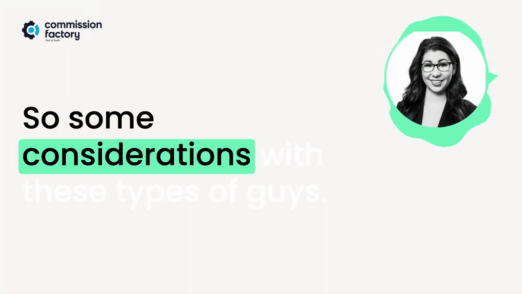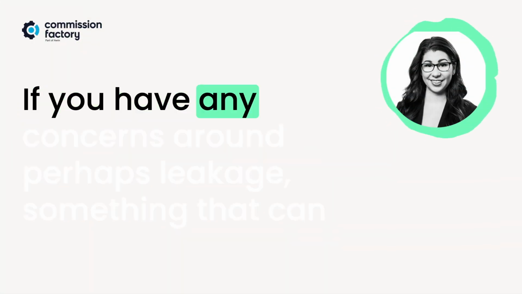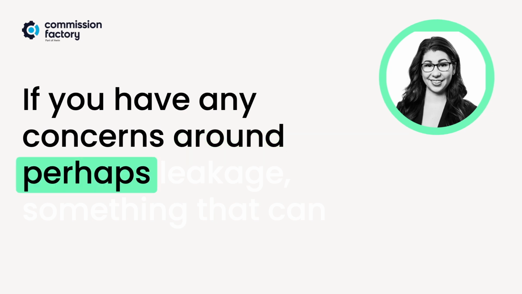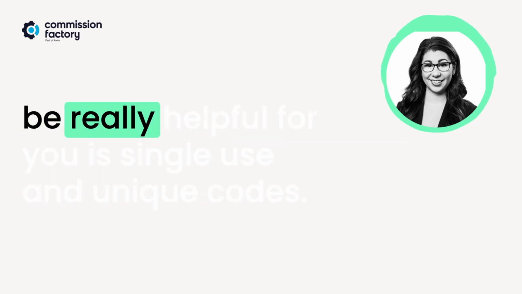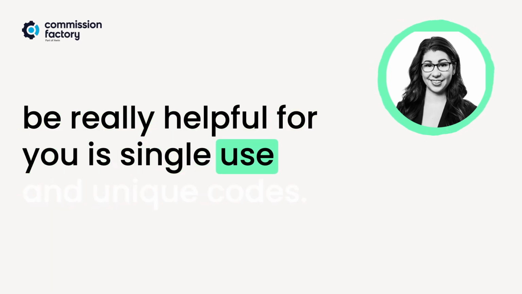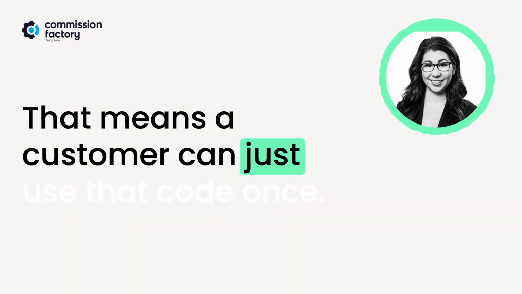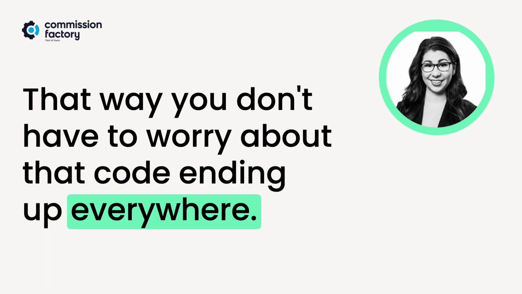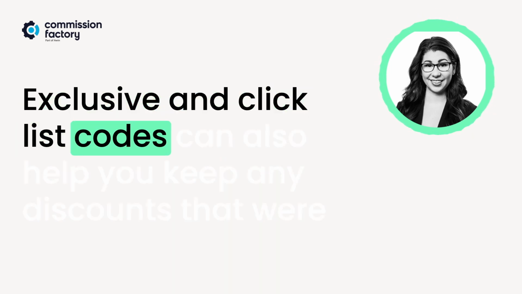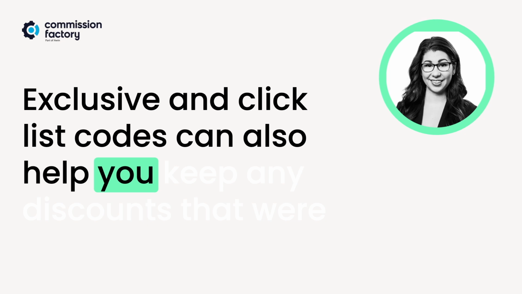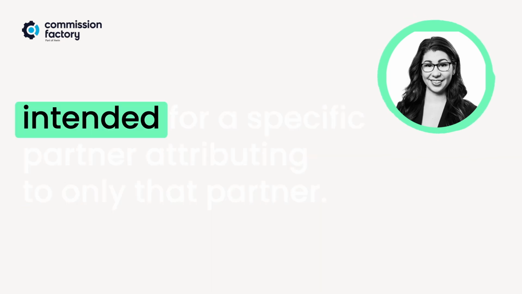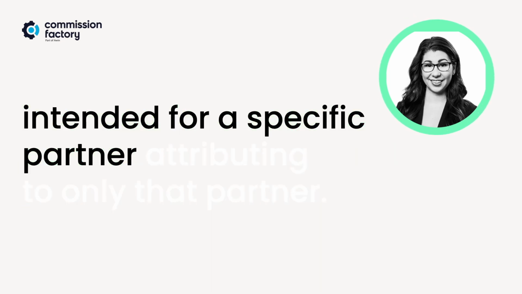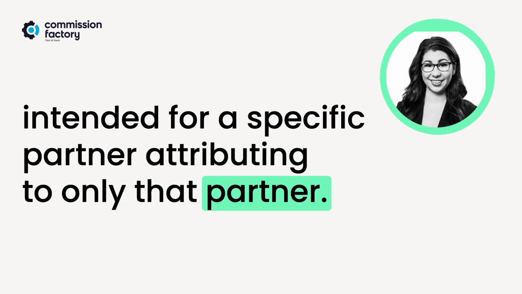So some considerations with these types of partners. If you have any concerns around perhaps leakage, something that can be really helpful for you is single use and unique codes. It means a customer can just use that code once. That way you don't have to worry about that code ending up everywhere. Exclusive and clicklist codes can also help you keep any discounts that were intended for a specific partner attributing to only that partner.